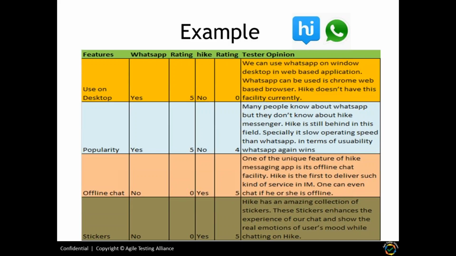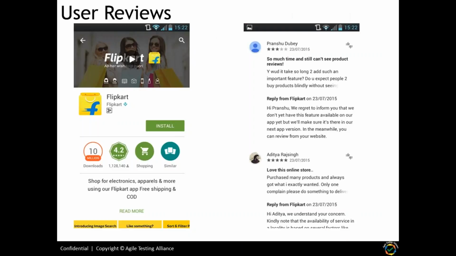Especially if you have used Hike, they have an amazing collection of stickers, and you can use those stickers in your WhatsApp as well. That's a very good feature. So this is how you can do a feature comparison and come up with what features you can add. Again, this is from a testing point of view. You can base your opinions on it and do the comparison.